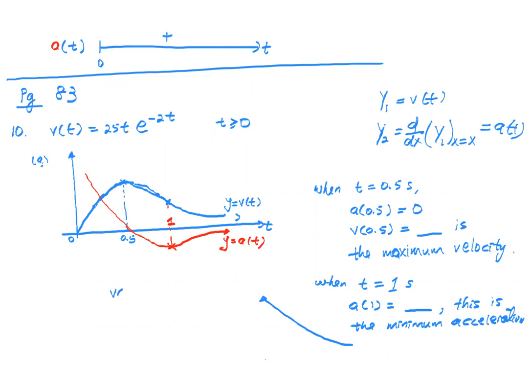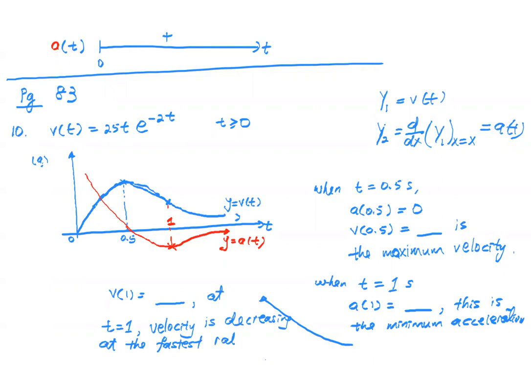So V(1), this is the minimum. So I will say at t equal to 1, velocity is decreasing at the fastest rate, because that is a non-horizontal inflection point for VT.